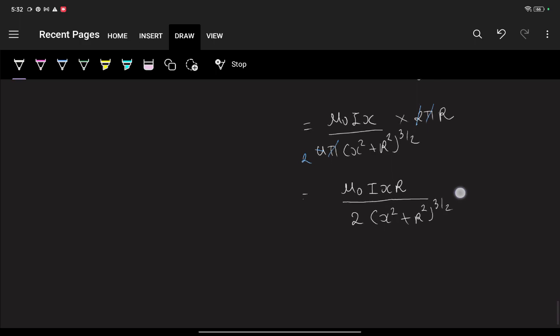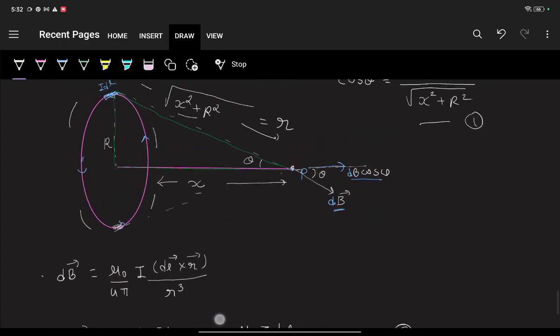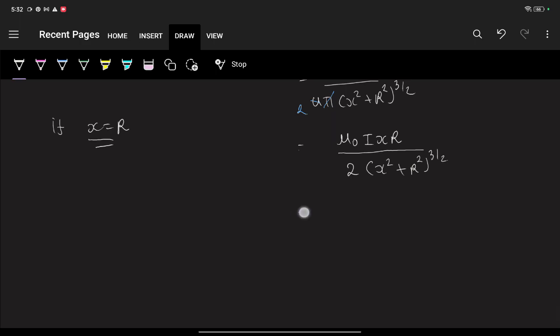Okay, sir. Now if the distance was equal to r, then the expression would become mu naught I r square upon 2 into x square plus r square raised to 3 by 2, right? Yes, sir.